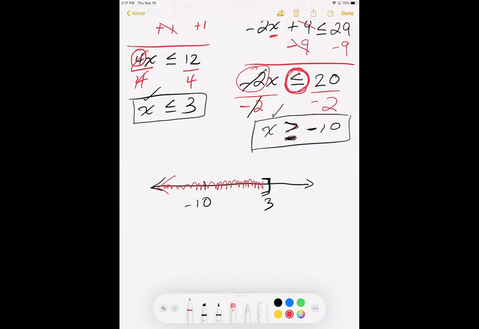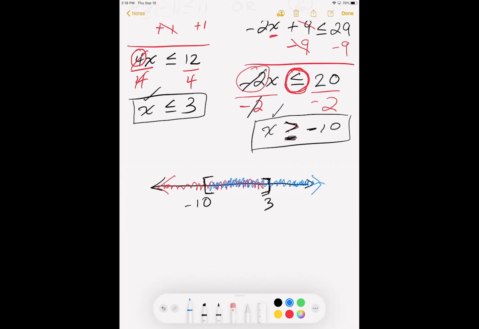So we got that. Now, for -10, we know that we have to use a bracket. And at -10, do you agree that x is greater than -10? So do you agree that anything to the left of 3 is smaller than 3 and anything to the right of -10 is greater than -10?